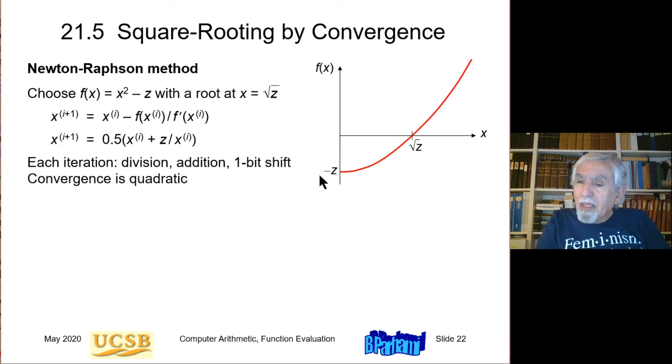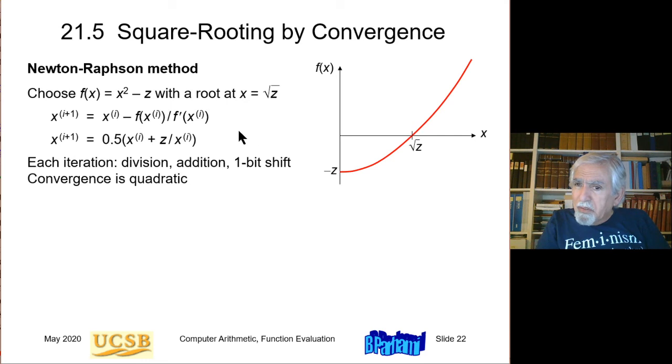Okay? So this is the function x squared minus z. So if x is 0, we get minus z. At square root of z, the curve intersects the x-axis, that's the root, and then it goes up.